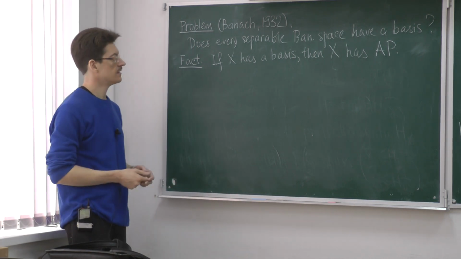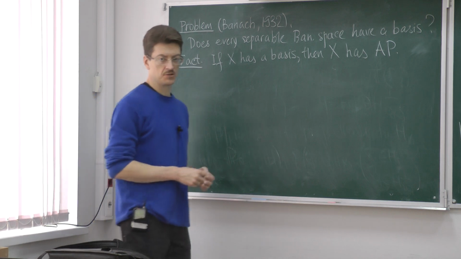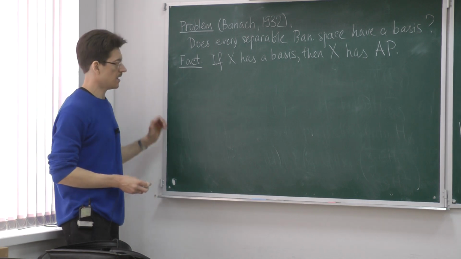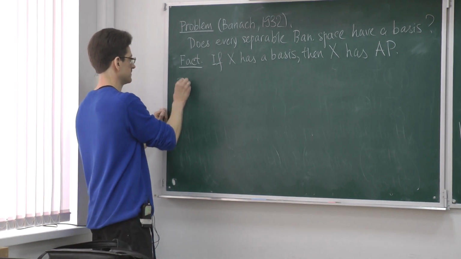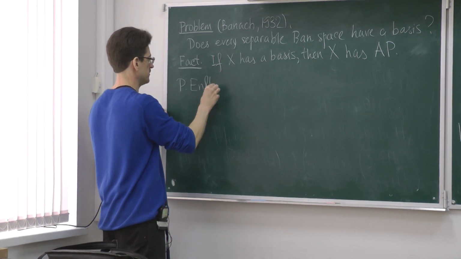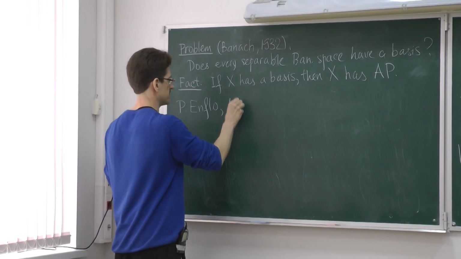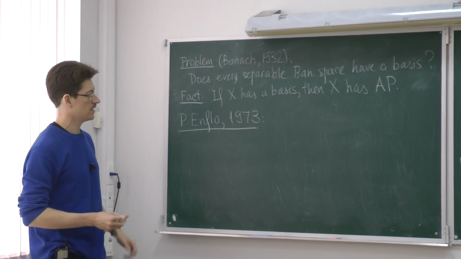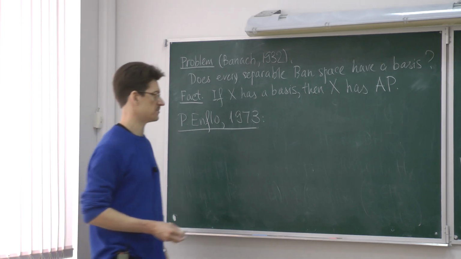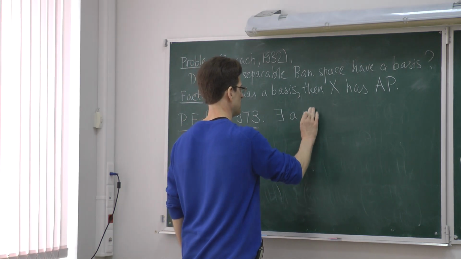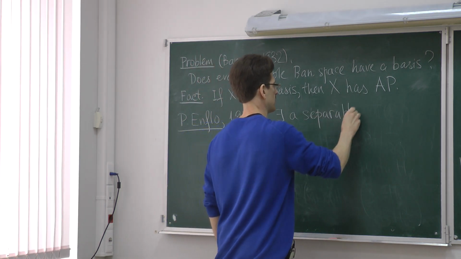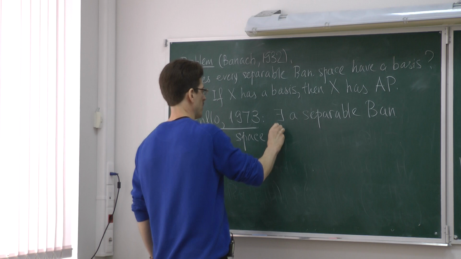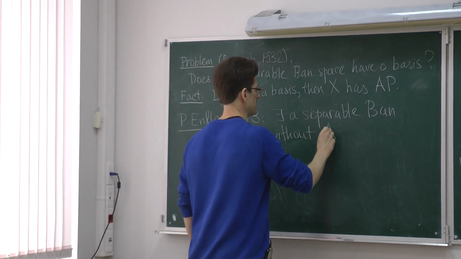The answer to the approximation problem, and at the same time to the basis problem, was given by Per Enflo, a Swedish-American mathematician, in 1973. He constructed an example of a separable Banach space without the approximation property.